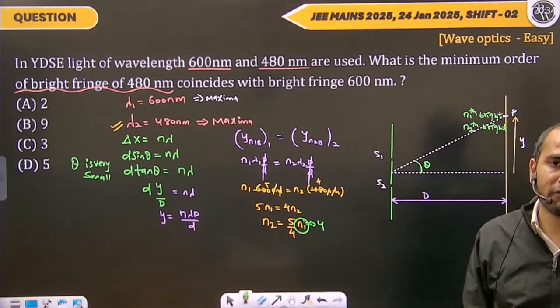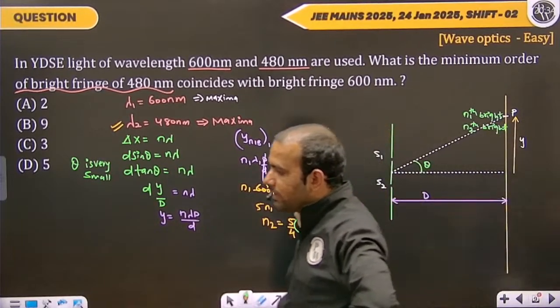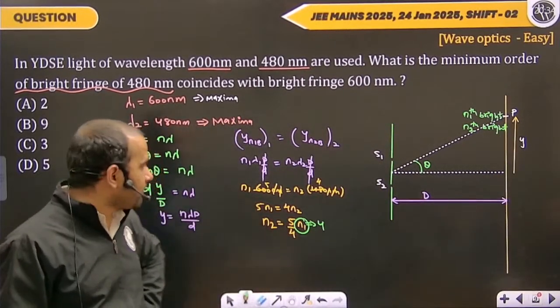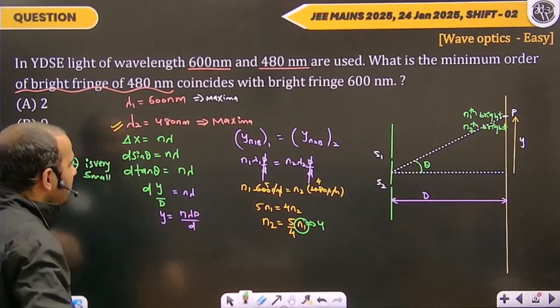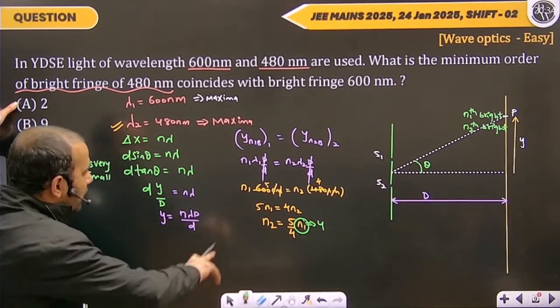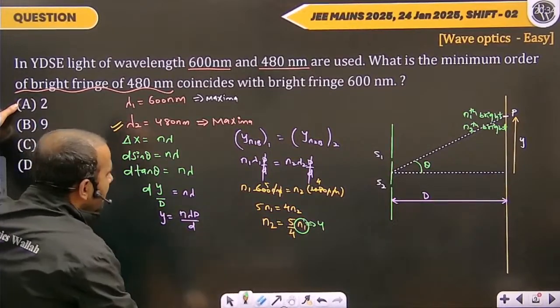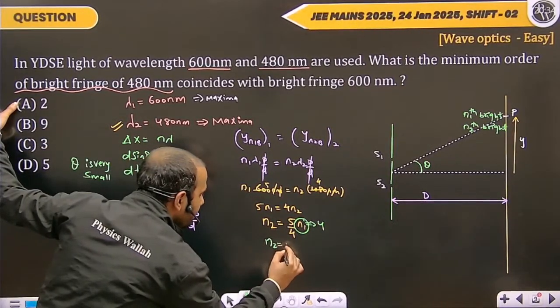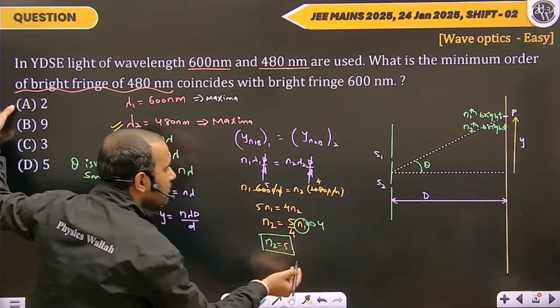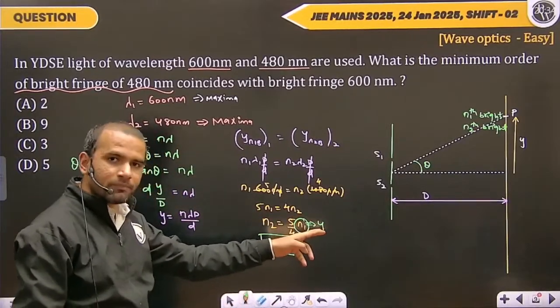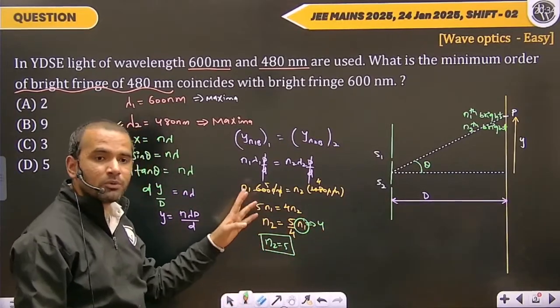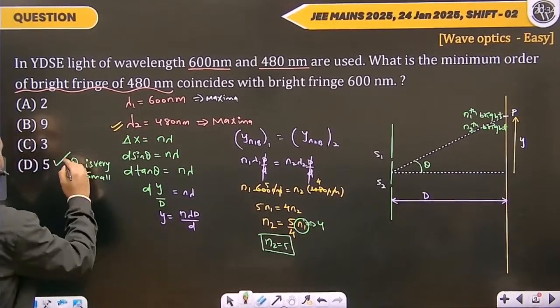Otherwise it will be in decimal. So the minimum order of n1 will be 4, and at that instant the value of n2 will be 5. So the answer will be 5 itself.